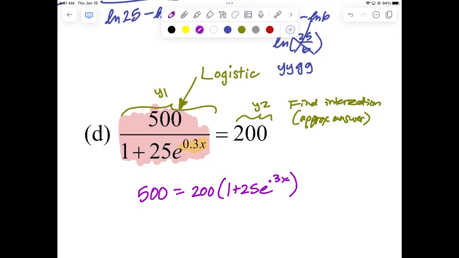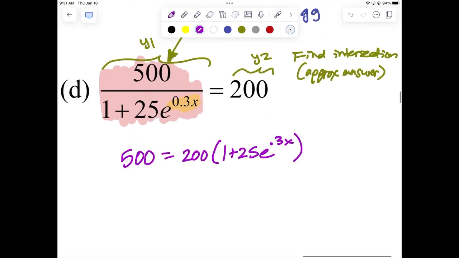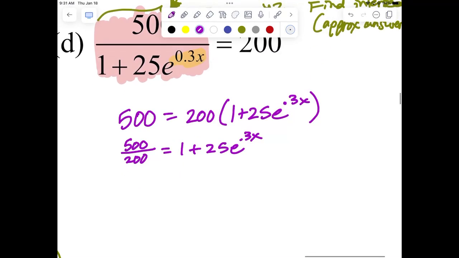So if I divide both sides by 200, I get 500 divided by 200 equals 1 plus 25 e to the 0.3x. That's just 5 halves. The zeros divide out, and I'm left with 5 halves equals 1 plus 25 e to the 0.3x.